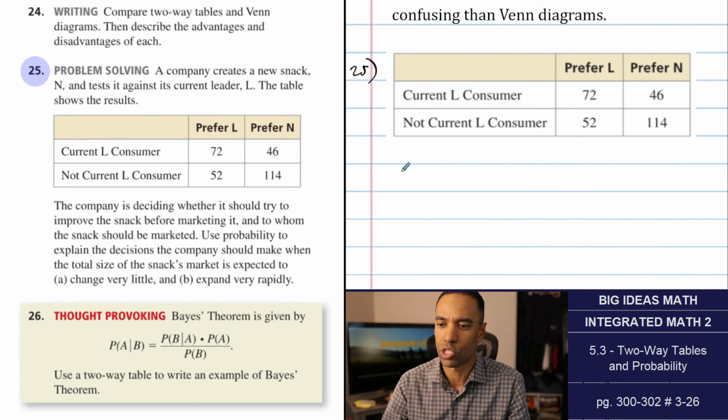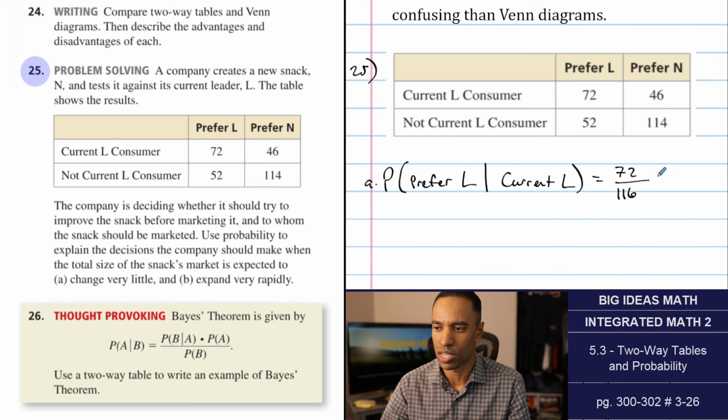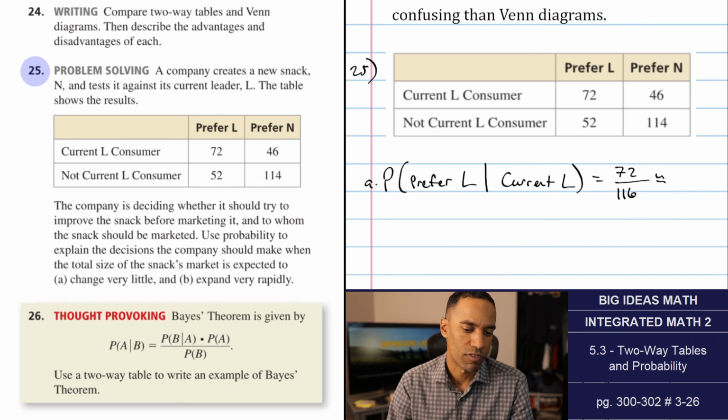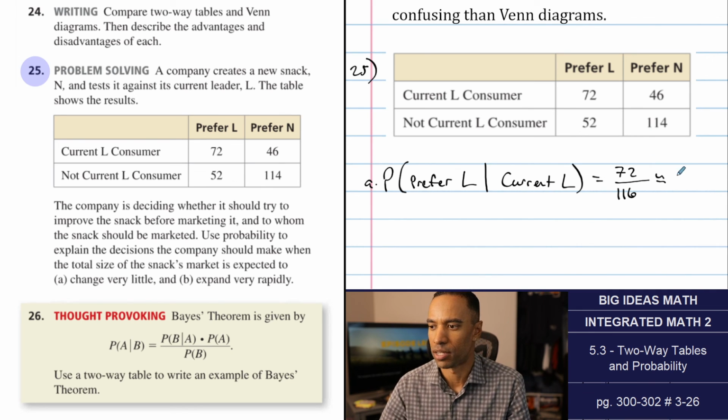So when I look at this one, this is part A, I want to look at the probability that you prefer L given that you are a current L consumer. And that's 72 over 72 plus 46, which is 116, which is more than 50%, right? But they said use probabilities. So 72 over 116 is about 62.1%.